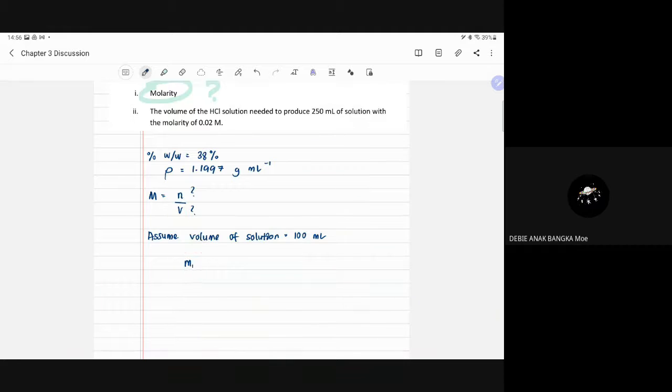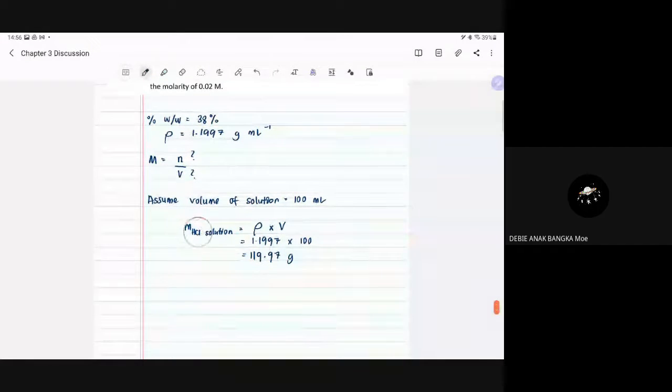Mass of HCl solution sama dengan density darab volume. Density dia adalah 1.1997 darab dengan 100 ml. Kita akan dapat 119.97 gram. Ini adalah mass of HCl solution.